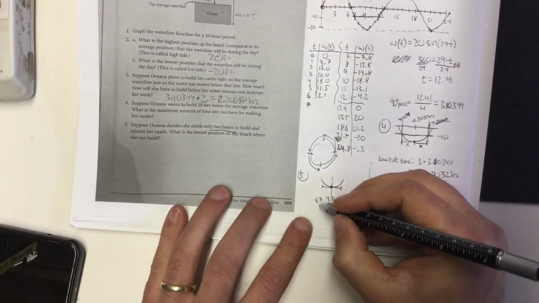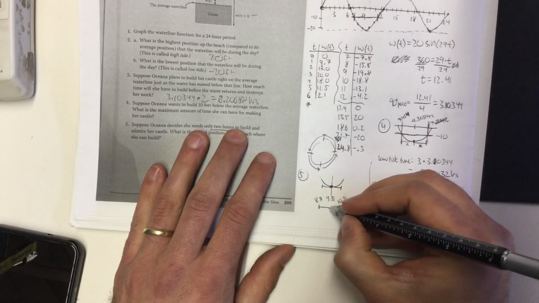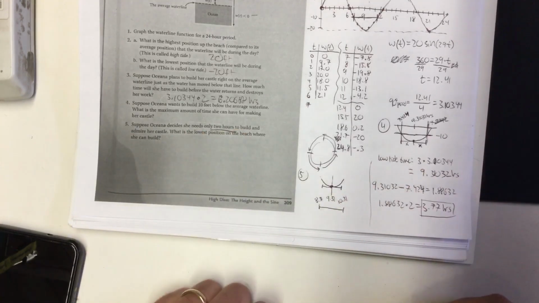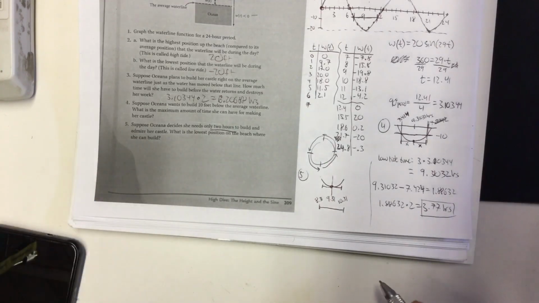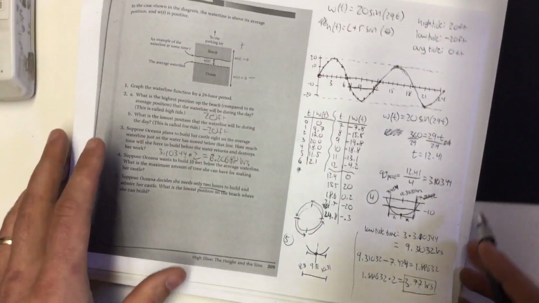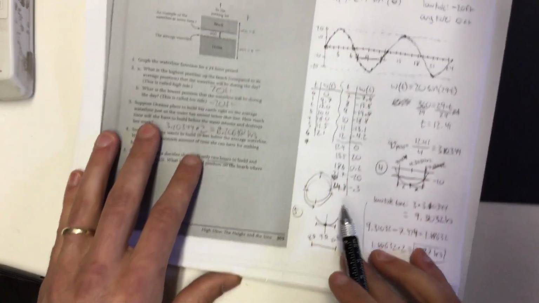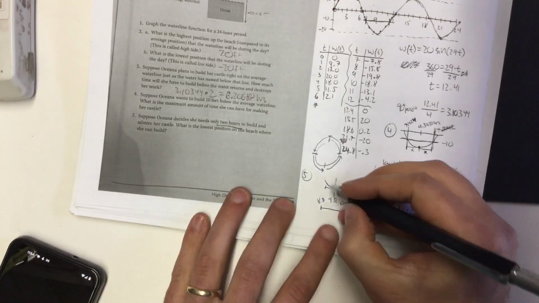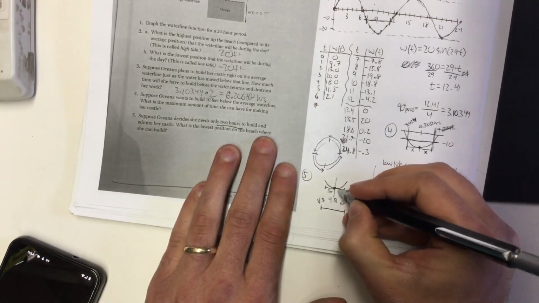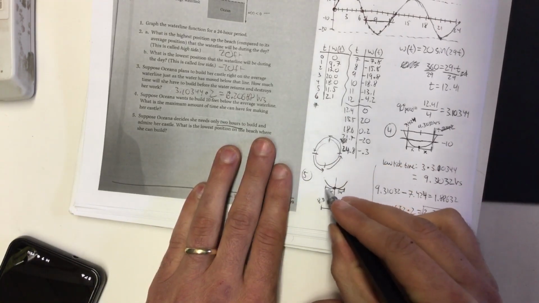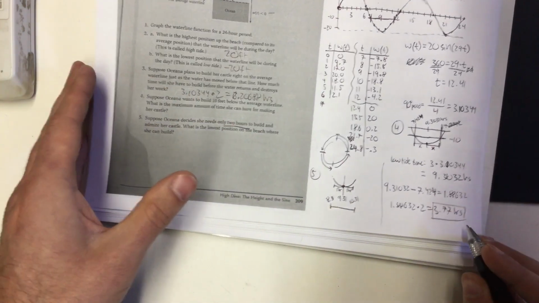So the time that we need to go from is 8.31 hours to 10.31 hours. Which means we actually know the time, which means then we can just plug everything into our function up here, just like we did on our in and out table, to solve for our answer. Because we just showed that this was 1 hour, and there's another hour, and she builds it, admires it, and she's done. It washes away.